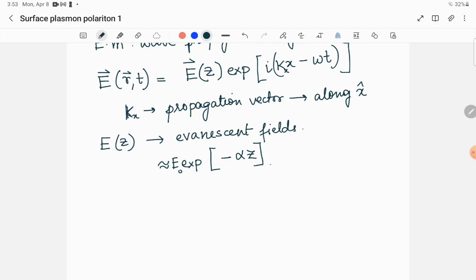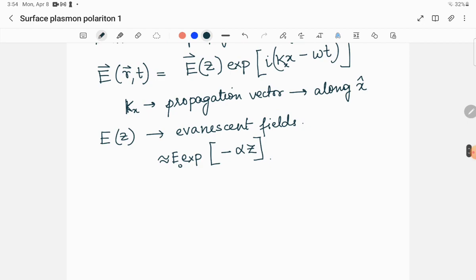These are called evanescent fields, where we have confined the electromagnetic wave in the plane of the interface, and in the z direction the beam cannot propagate while the amplitude decays as an exponential function.